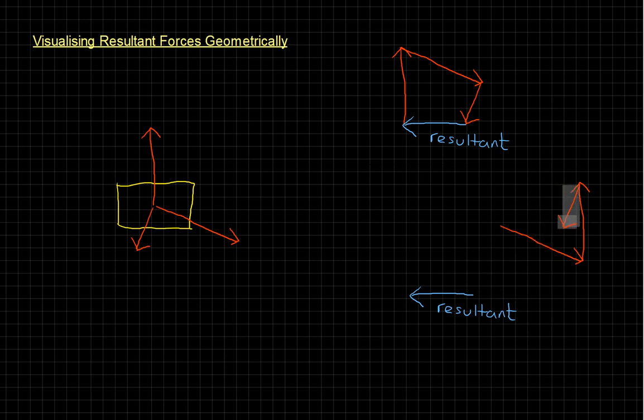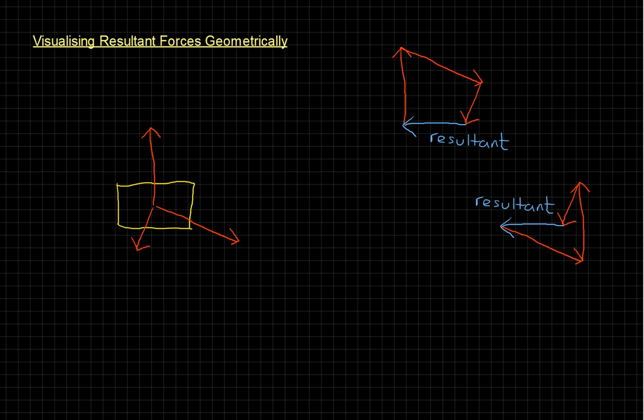As long as they're head to tail, it doesn't matter. The order of addition doesn't matter. As long as you're adding them up so that it's head to tail, you can see that in fact the resultant's still the same. The missing gap between the two is still the same.